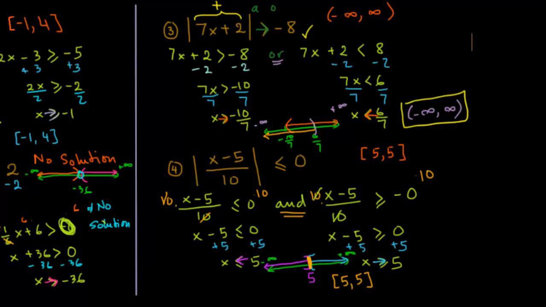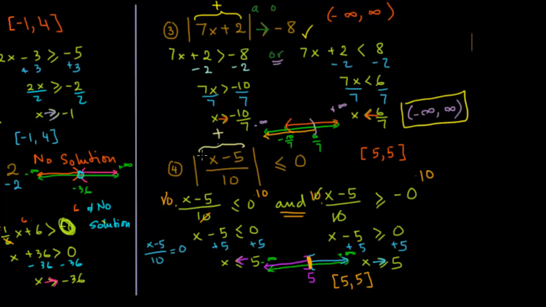And we can see quite clearly on this problem, since the absolute value always gives you a positive number, and a positive number cannot be less than 0. So the only possible case that can happen is this positive number equal to 0, which basically you can solve the problem as x minus 5 divided by 10 equal to 0.